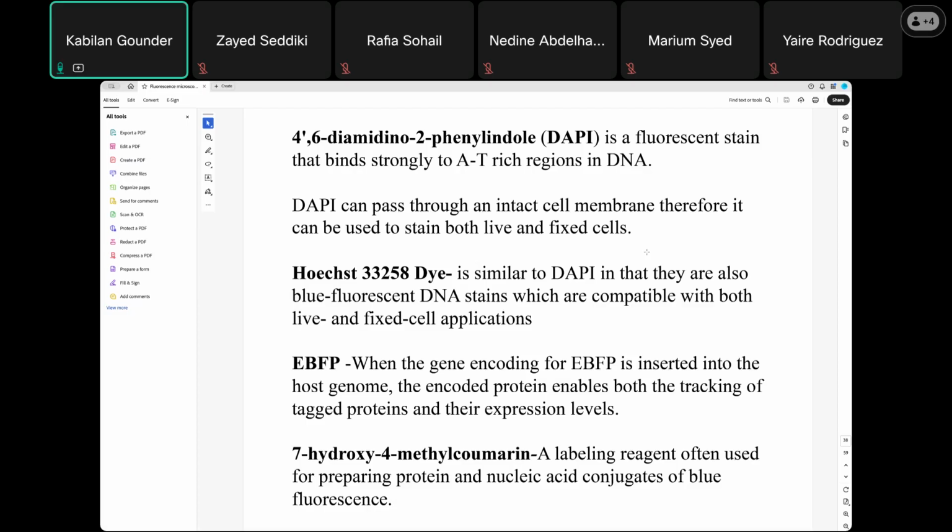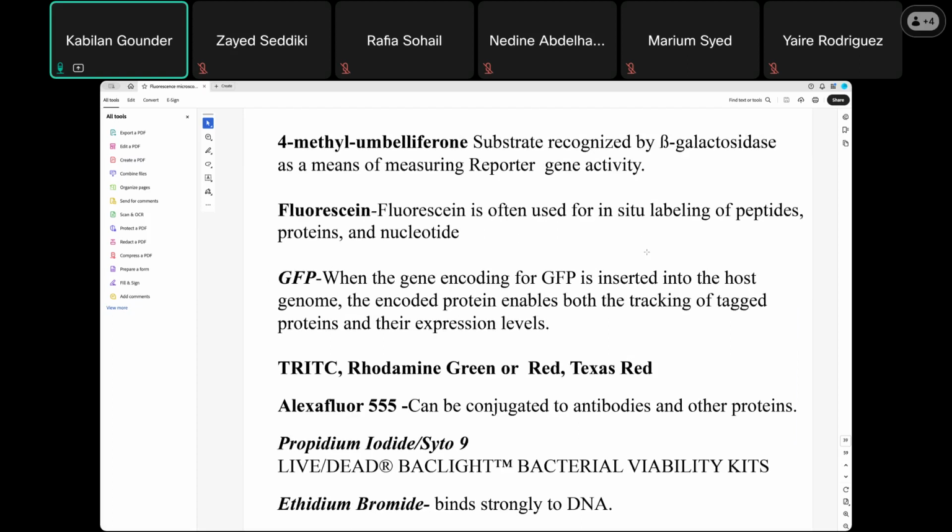Also, hydroxy 4-methyl coumarin is a labeling reagent often used for preparing protein and nucleic acid conjugates of blue fluorescence. 4-methylumbelliferone is the substrate recognized by beta-galactosidase as a means of measuring reporter gene activity. Another one is fluorescein, often used for in situ labeling of peptides, proteins, and nucleotides.